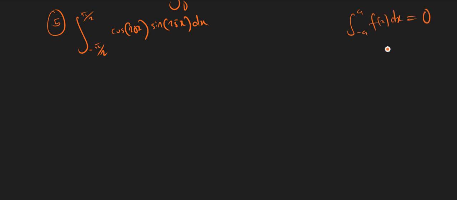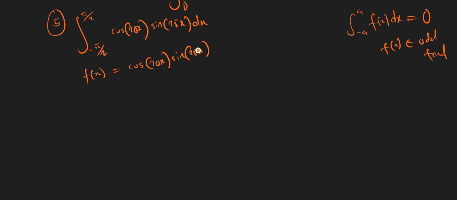if f of x is an odd function. Now we have to check if this is an odd function. Let's set f of x to be cosine of 20x times sine of 25x.